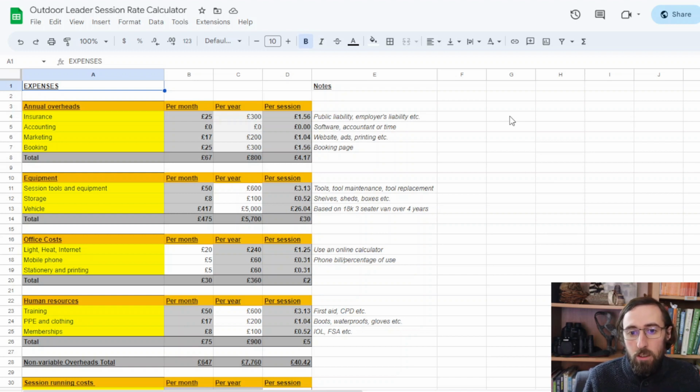Before we get into breaking this down, there's 3 things I want to mention. Number 1, I want to thank Andy from Small Business Toolbox, who first developed a spreadsheet like this, and it's his that I have very loosely adapted. So this is homage to him. This is specifically designed for outdoor instructors and leaders.